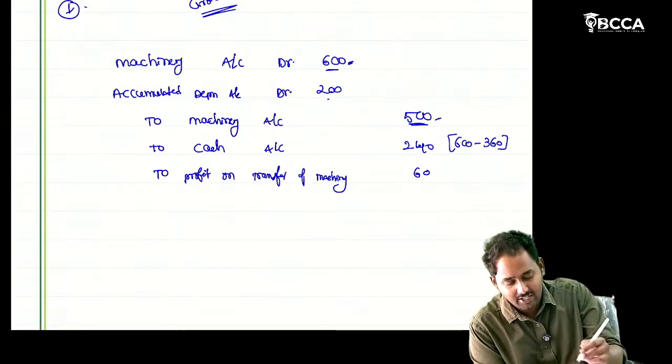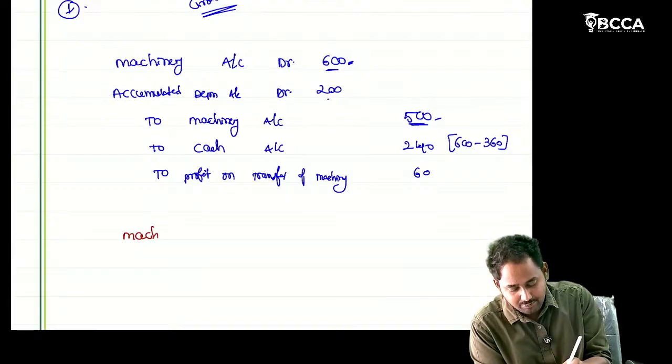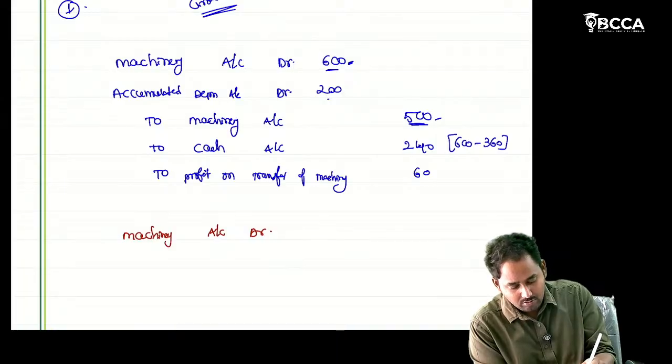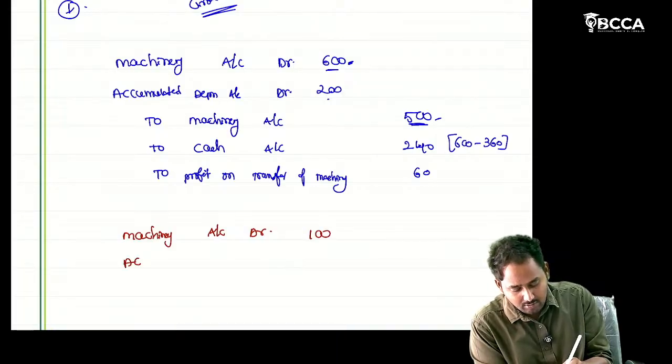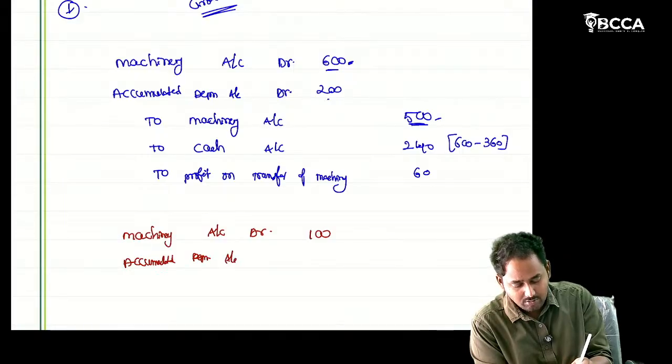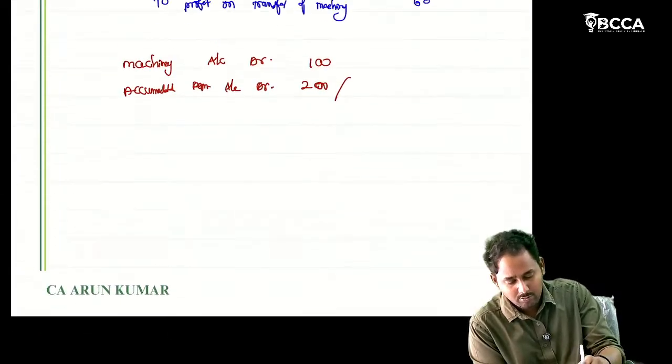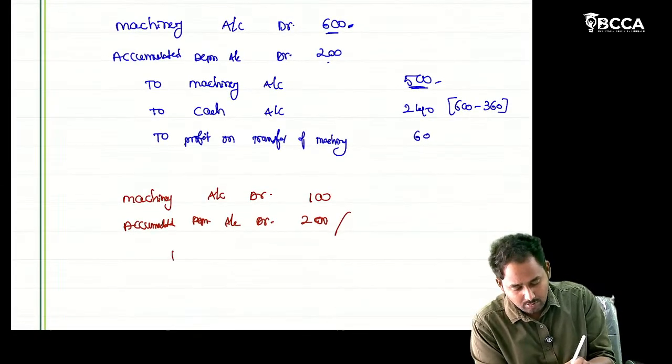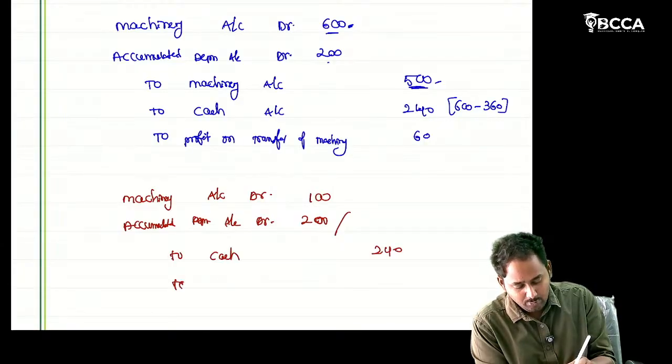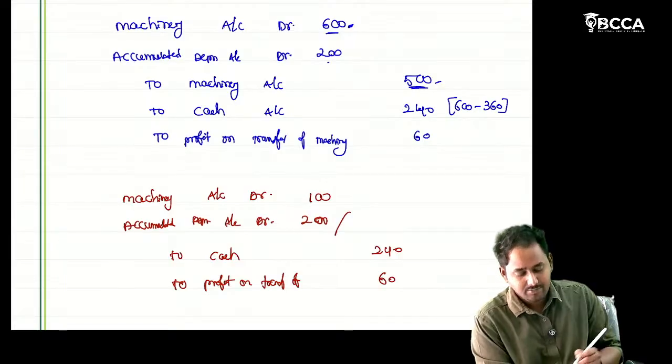Instead of that I can write it as machinery account 100, accumulated depreciation account 200, to cash 240, to profit on transfer of machinery 60.